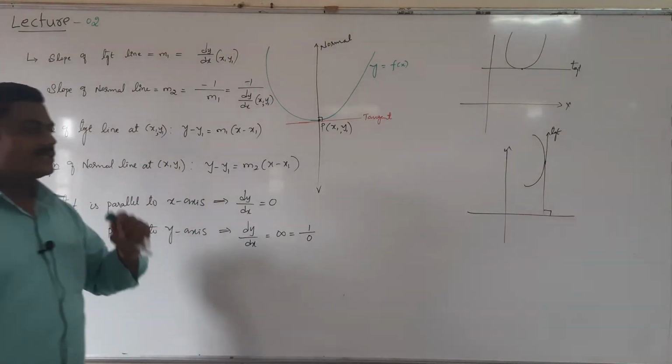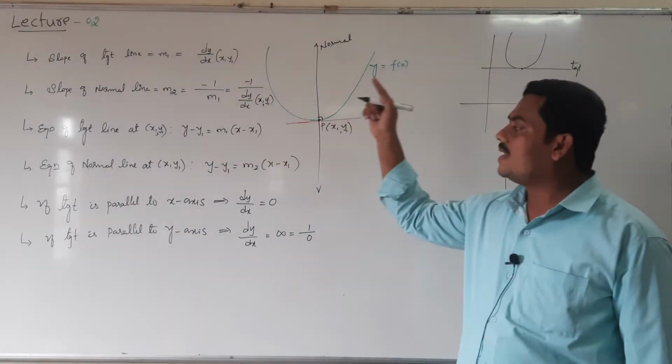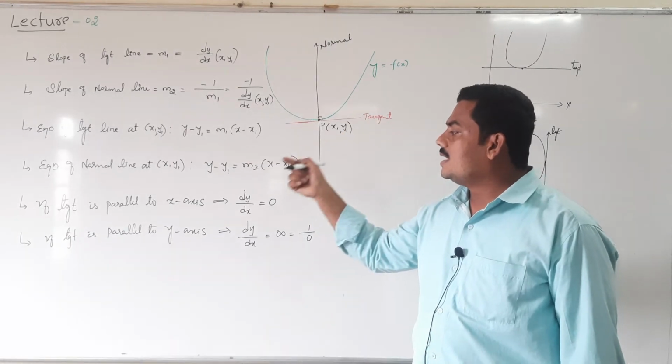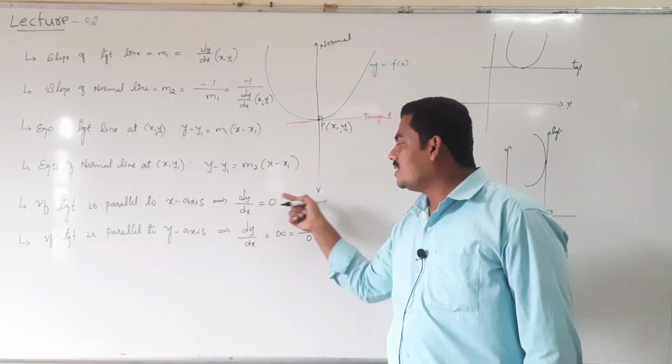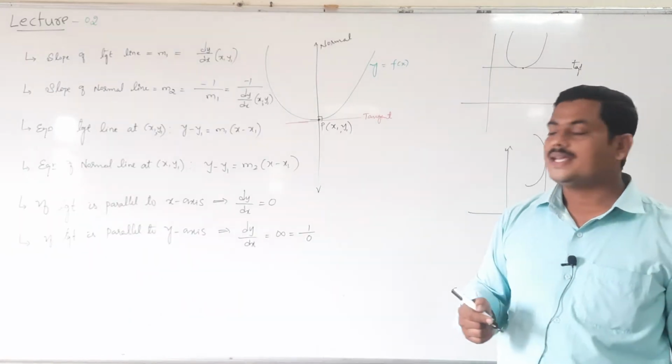Remember these points: slope of the tangent line, slope of the normal line, equation of tangent, equation of normal. If the tangent line is parallel to the x-axis, then its slope is 0, which means dy by dx is 0.